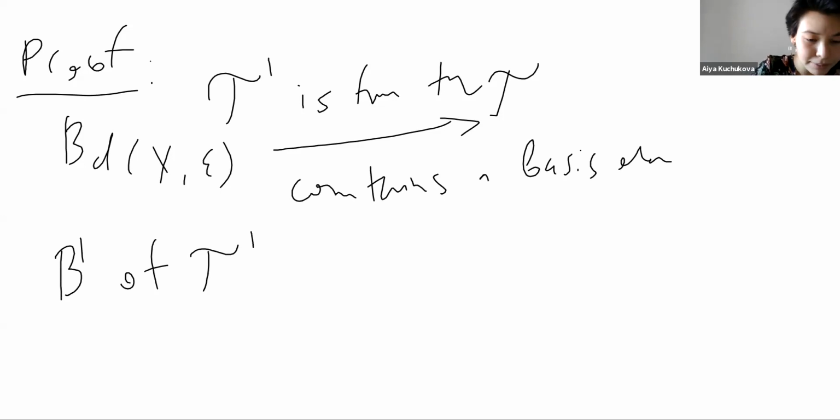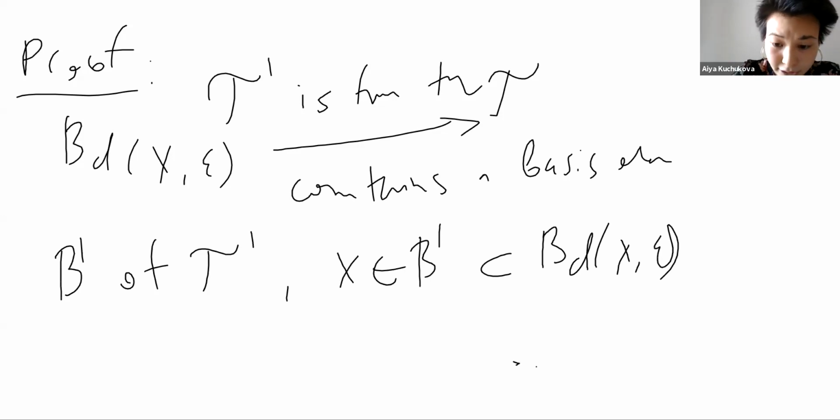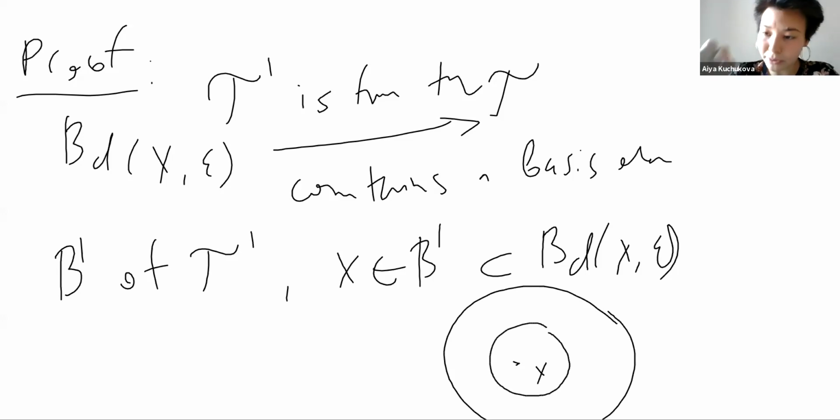But also we have to remember that x should be inside of this, and this is inside of this. So basically the way it looks is we have some point x, there is this ball which is the basis element of the big topology, and then for any x we are always able to find some basis element which is inside but also around x, right?